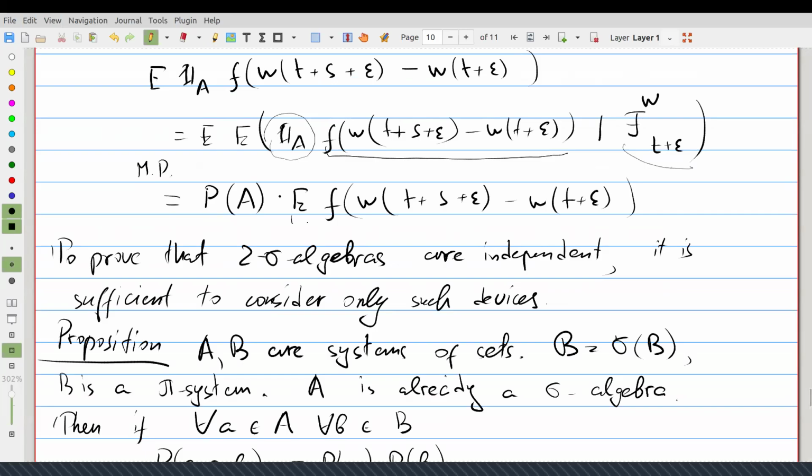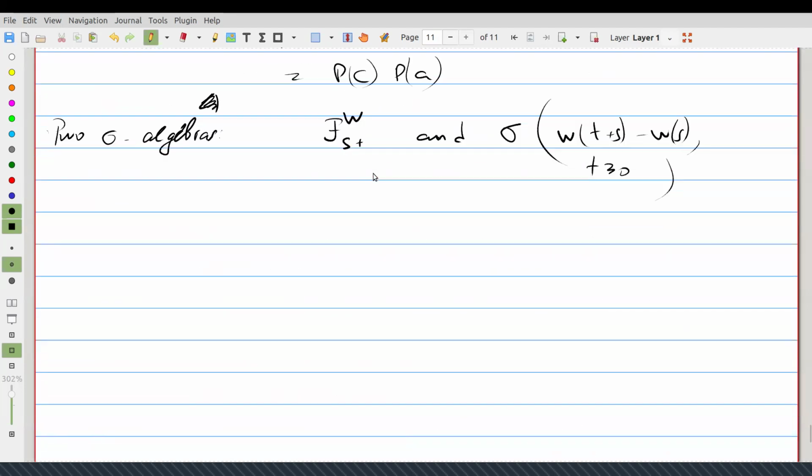We have here some continuous function. This is not the indicator, but say any closed set can be approximated by a continuous function.